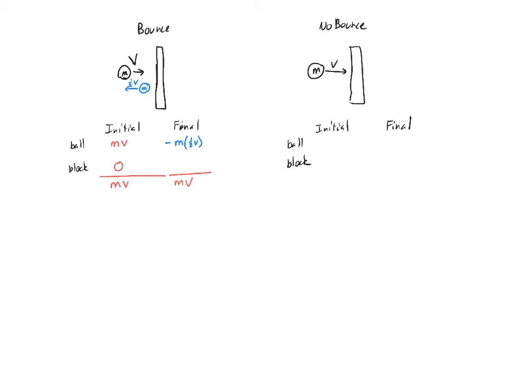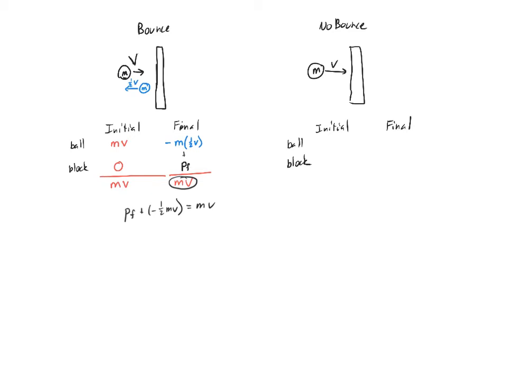And what we're trying to find here is the momentum of the block. So we can say the momentum final of the block plus negative 1/2 mv is equal to mv. I'm adding together the final momentums, and it needs to equal mv because momentum's being conserved.